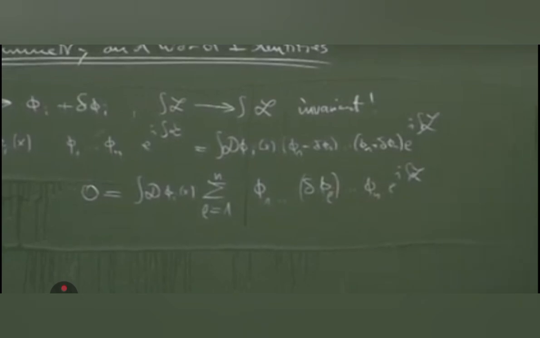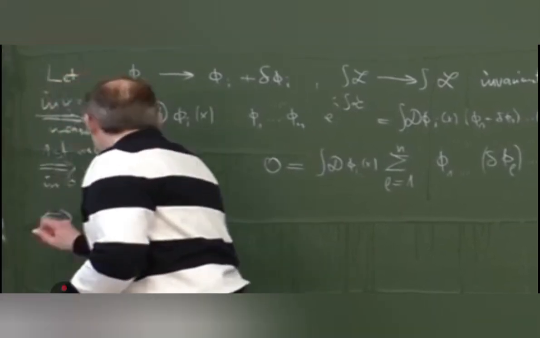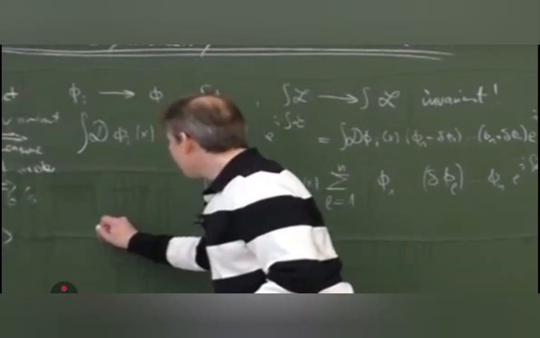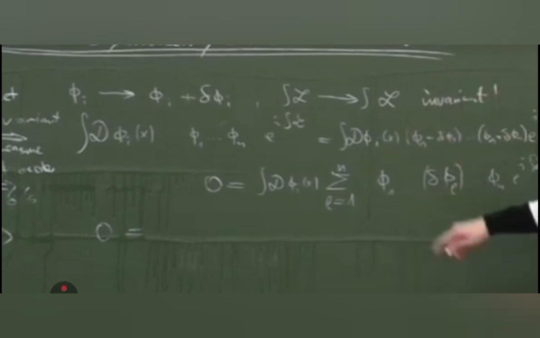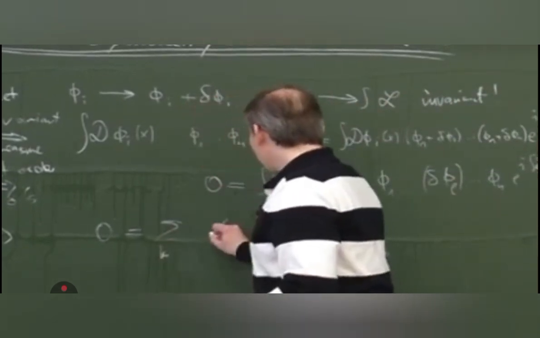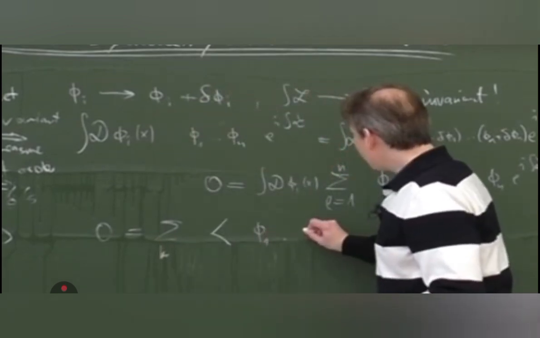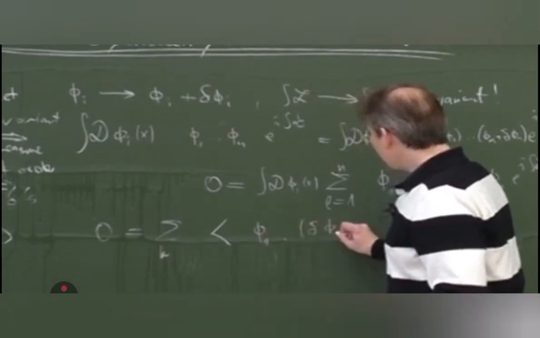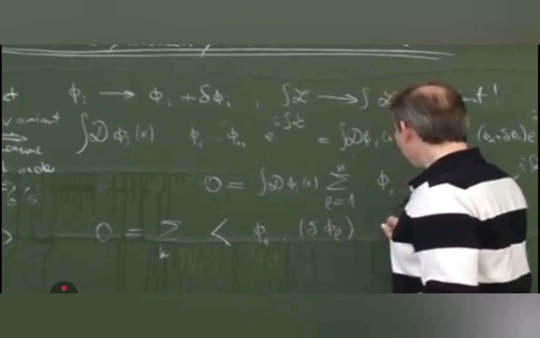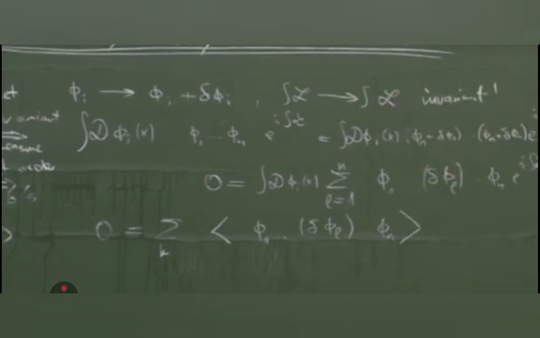So what does it mean, as an illustration, on the operator level? On the operator level, this corresponds to the following equality between Green functions. So we can write it as a sum over l, and then we have Green functions involving all sorts of phi's. One of the phi's is replaced by delta phi_l. All the other ones remain the original phi's.